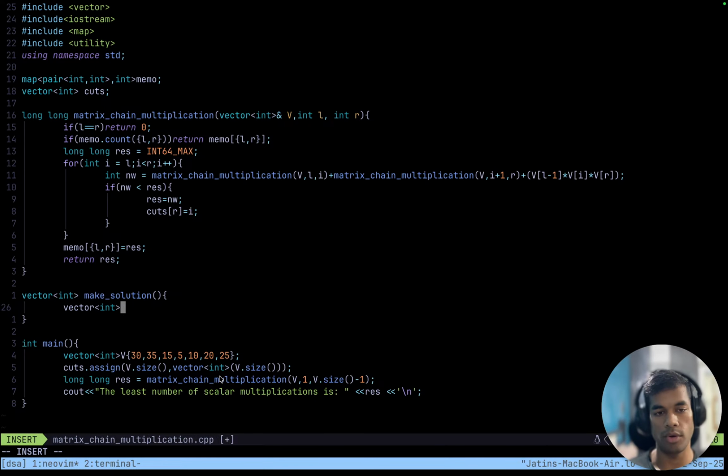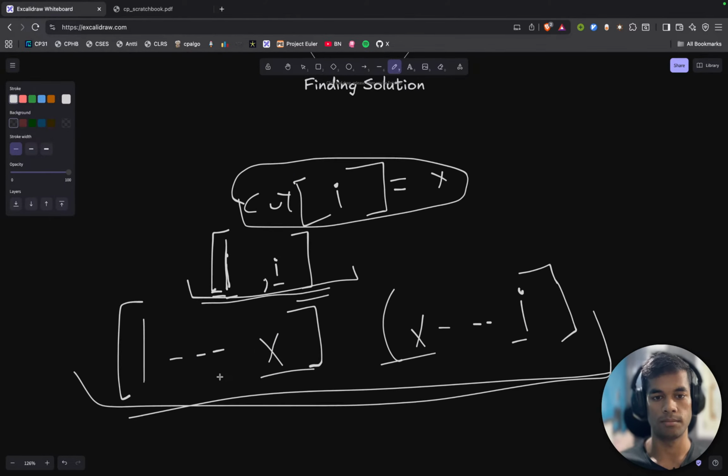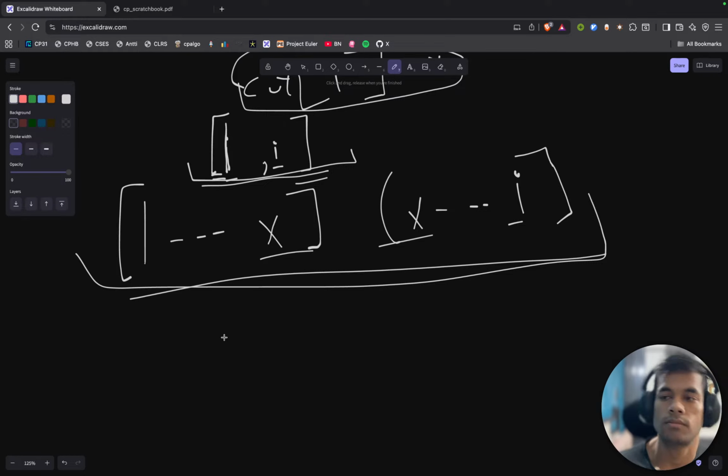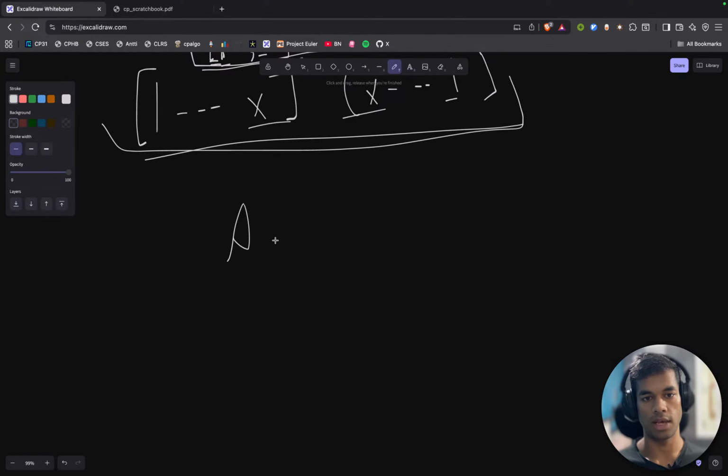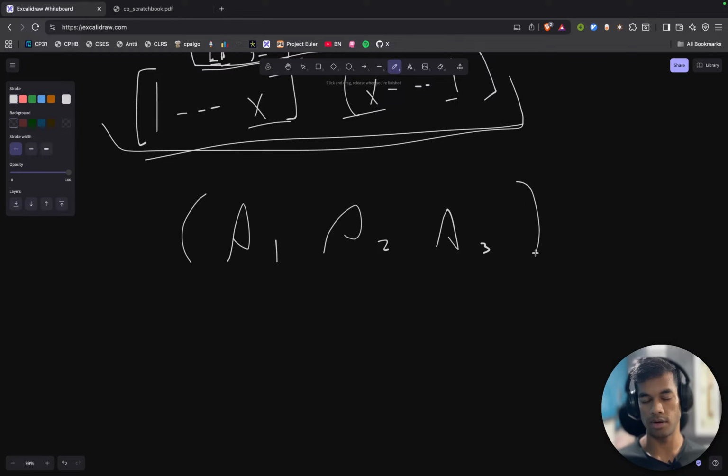And how are we going to represent the solution? Let's say we have three matrices, A1, A2, A3. Here I know for sure I will have an opening bracket. Here I know for sure that I will have a closing bracket. I don't know for here and for here what kind of things I have.